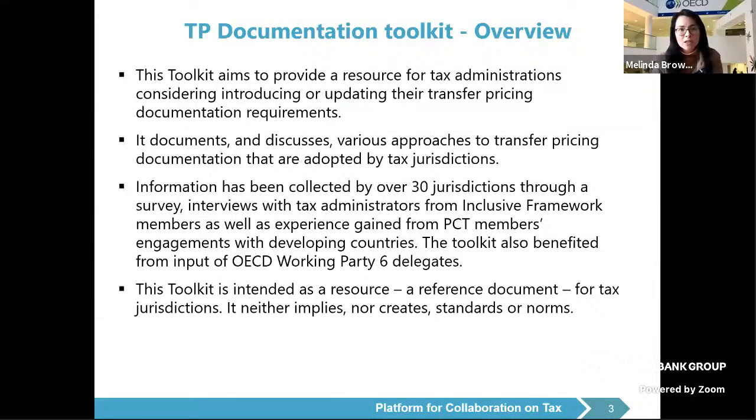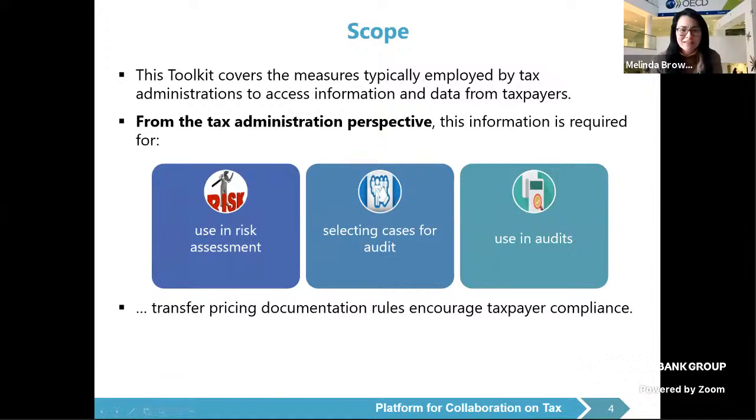Instead, it refers back to the existing international standards as they've been articulated both in the OECD transfer pricing guidelines and also in the UN practical manual on transfer pricing. And it tries to look instead at how countries have put those norms and standards into practice in their own contexts. And so I think turning to the next slide and turning over to my colleague Wanda to continue. Thank you.